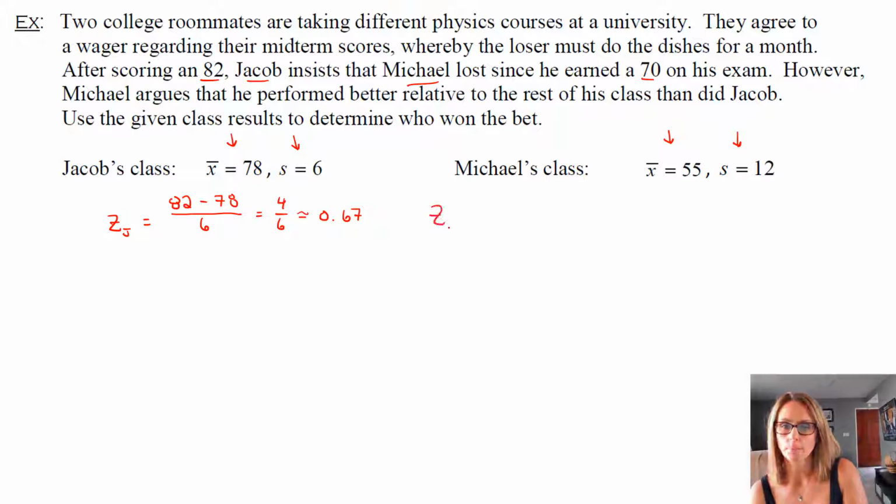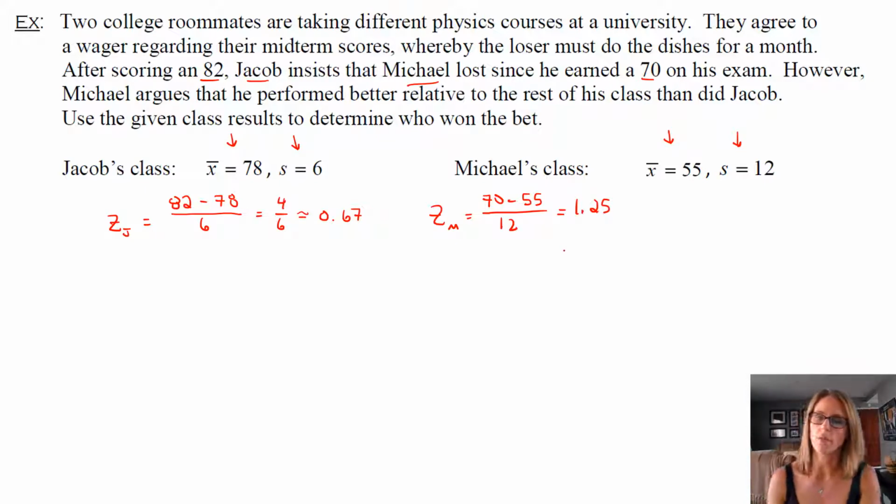For Michael, his score was a 70, but the mean was a 55 and a standard deviation of 12. If you do this math, you'll find that Michael got a 1.25. His z-score is a 1.25. What that means is that Michael actually did above 1 standard deviation away from the mean. Remember, at least in a normal distribution, the majority of the data values gather around the mean.